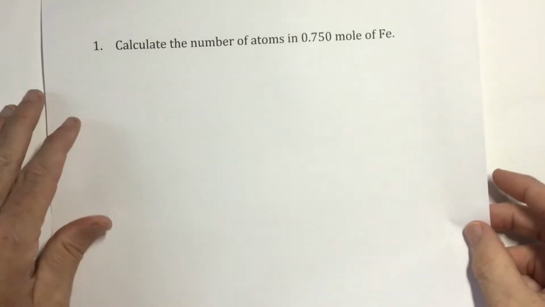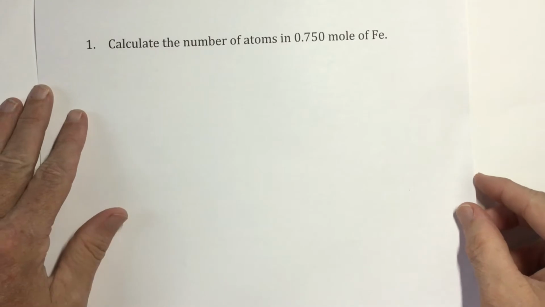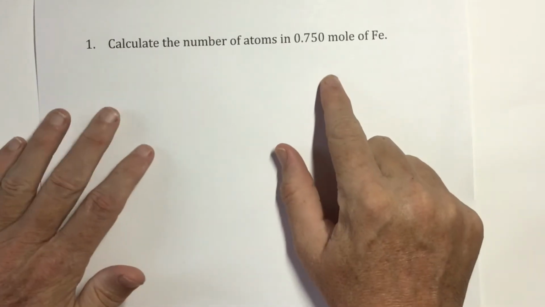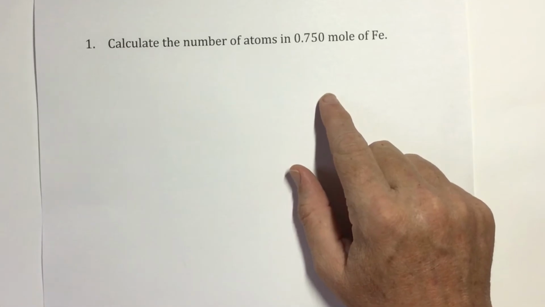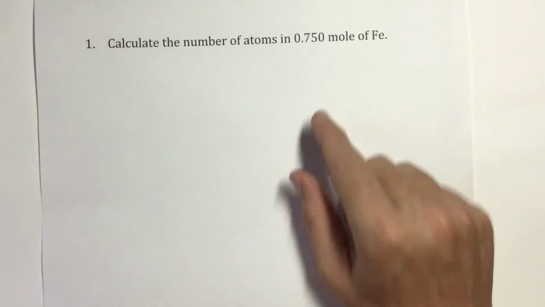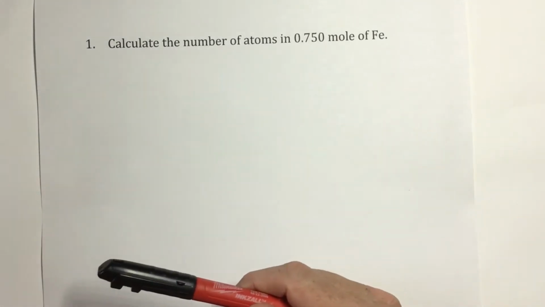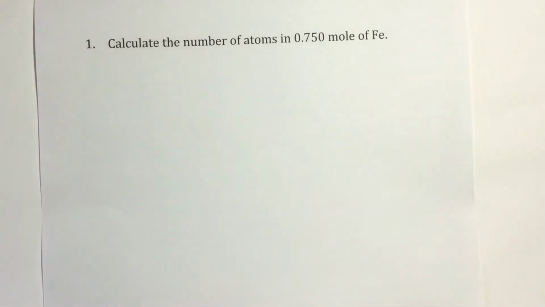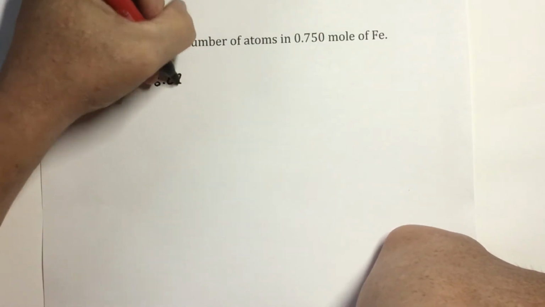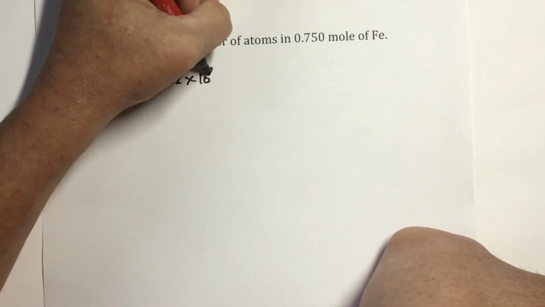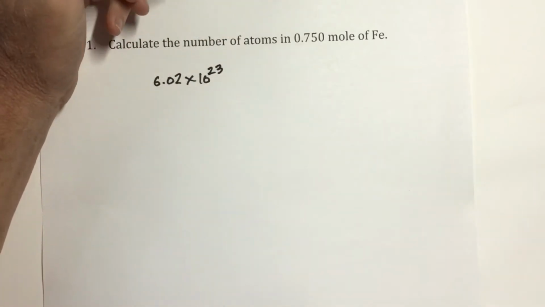Number 1. Calculate the number of atoms in 0.75 moles of iron. Well, Avogadro's number, as you know, is 6.02 times 10 to the 23rd.